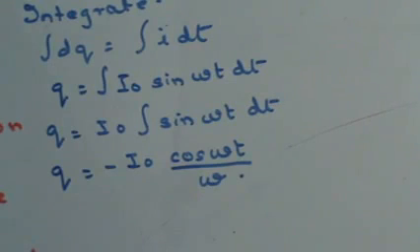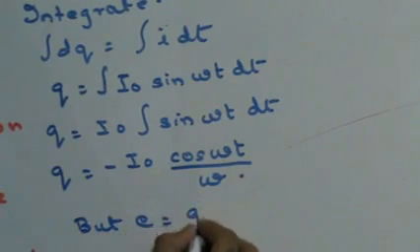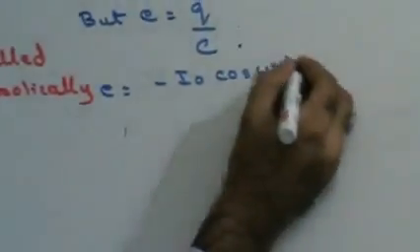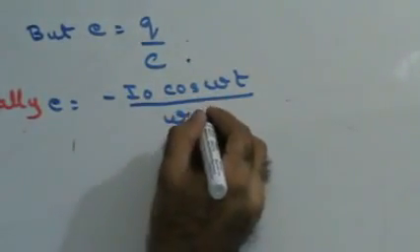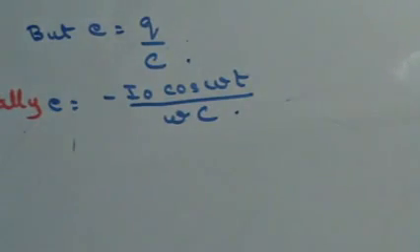So thus I now know the value of Q. Once I know the value of Q, I can say but E is equal to Q upon C. So E is equal to Q, minus I0 cos omega t upon omega into C. I'm substituting the value of Q. Integral constant?